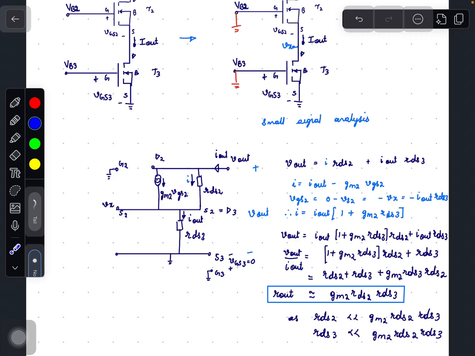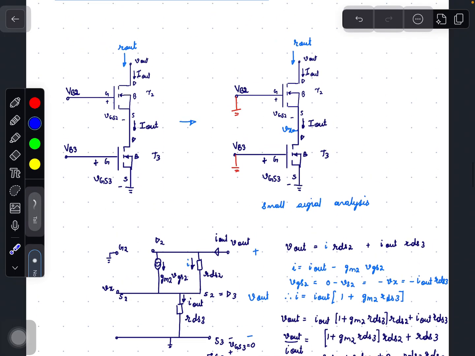We get R_out, that is V_out by I_out, equals 1 plus gm2 RDS3 into RDS2, plus RDS3. So R_out equals RDS2 plus RDS3 plus gm2 RDS3 RDS2. Since RDS2 plus RDS3 is very small compared to gm2 RDS3 RDS2, we can approximate and say that R_out equals gm2 RDS2 times RDS3.